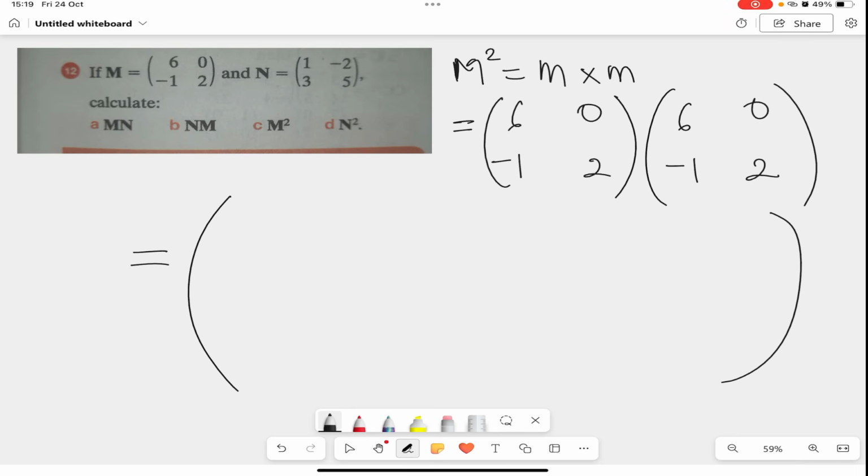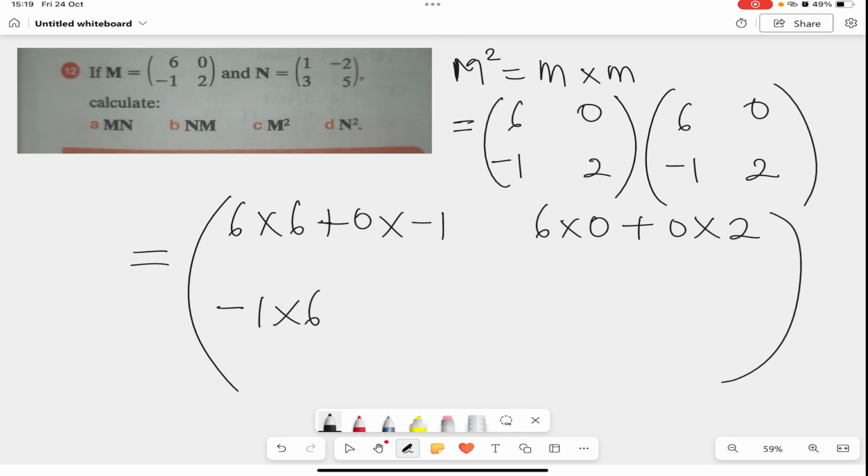I've noted the steps. So row to column, we have 6 times 6 plus 0 times minus 1, 6 times 0 plus 0 times 2. We have minus 1 times 6 plus 2 times minus 1, minus 1 times 0 plus 2 times 2.